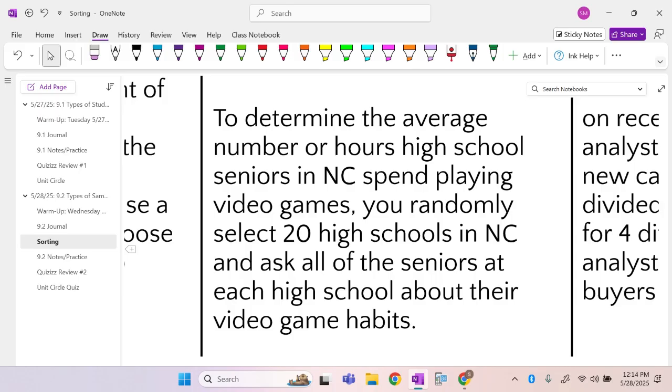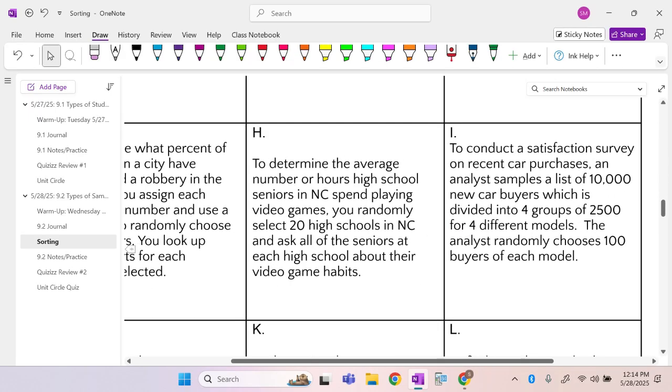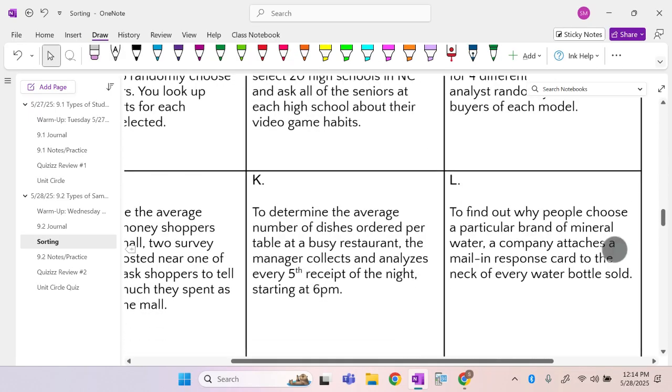All right. It's not so much I'm randomly selecting this many seniors from each high school. It's I'm taking 20 high schools out of North Carolina. Because if you think about it, there's a lot more schools than 20 high schools in North Carolina. There's a couple hundred actually. So that's why it would definitely be clusters because the high schools themselves are the clusters. All right. Let's try.